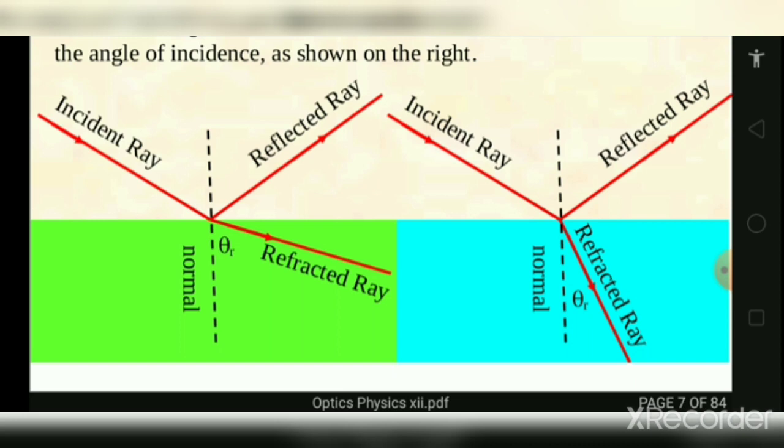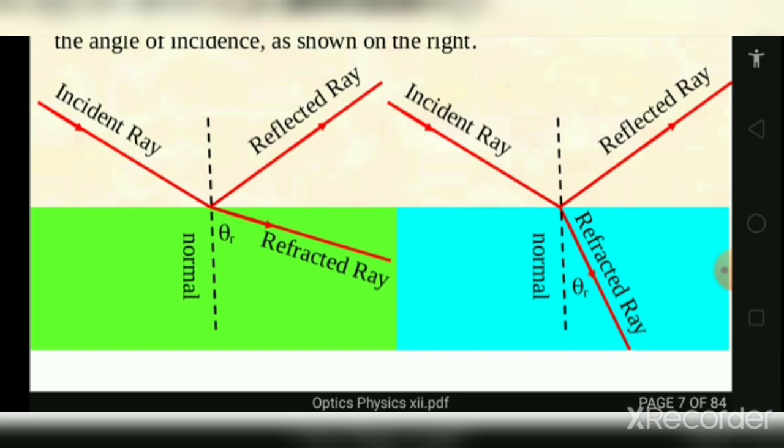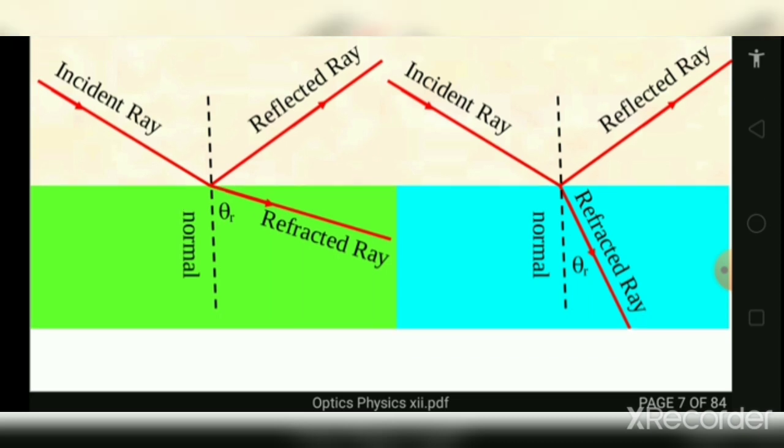The plane passing through the principal focus and normal to the principal axis is called the focal plane of a mirror. Focal length: the distance between the pole and the principal focus of a mirror is called the focal length.